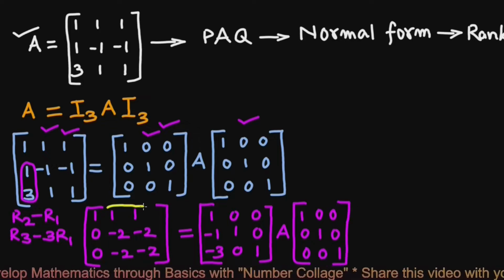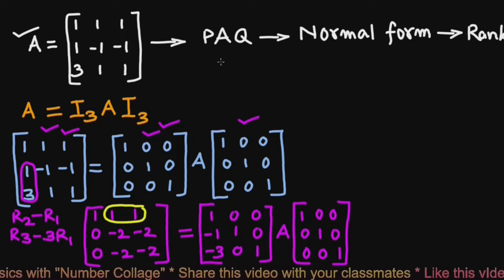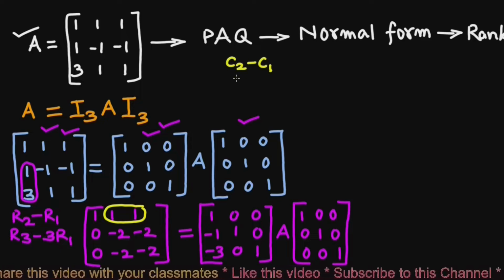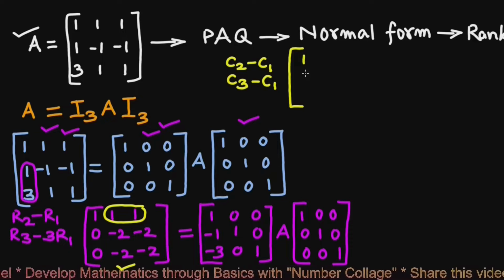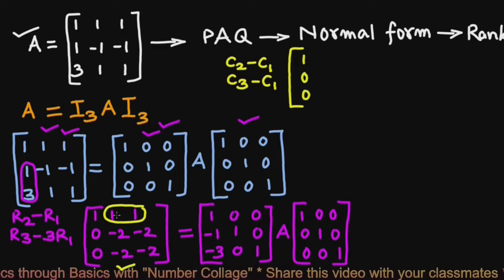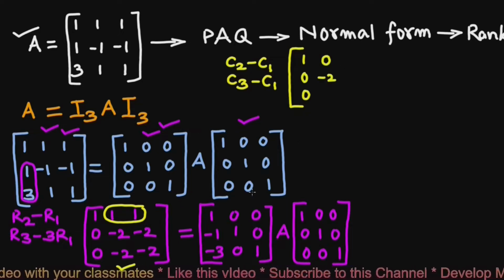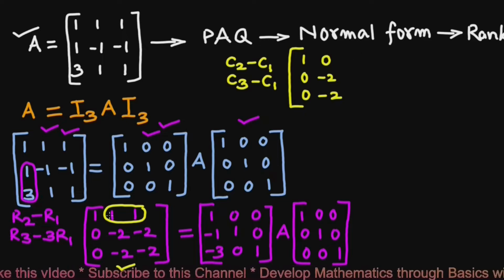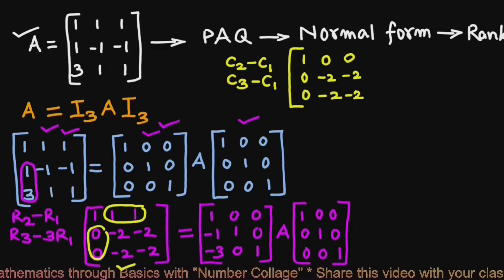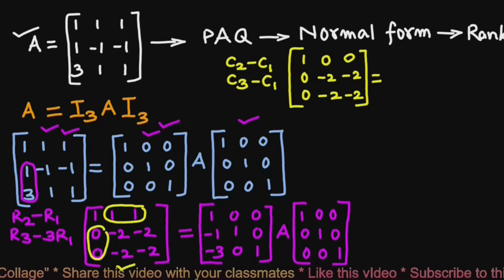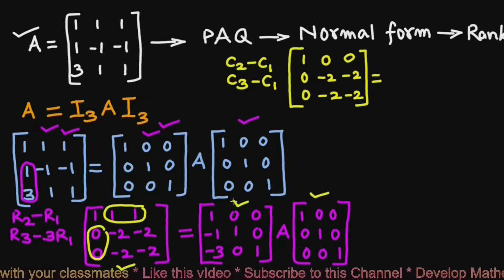Now we will make these two elements of equivalent matrix A 0. For that we will perform column transformations C2 - C1 and C3 - C1. So the first column will remain the same, 1, 0, 0. In the second column 1-1=0, -2-0=-2, -2-0=-2. 1-1=0. Because of these two zeros, the third column will remain as it is. Now we have to perform these column transformations on this postfactor and we will write this prefactor as it is.